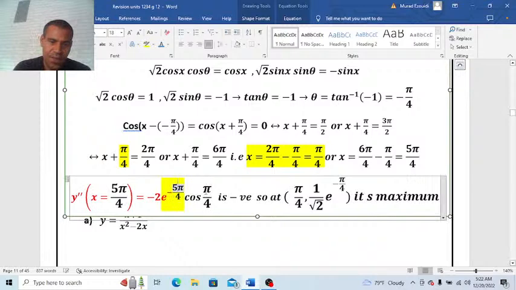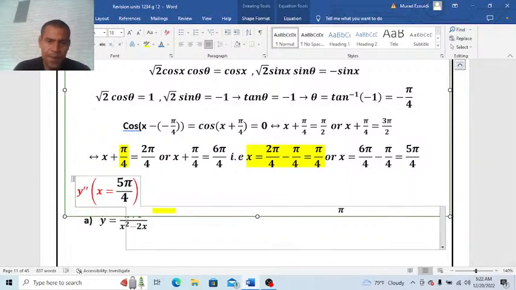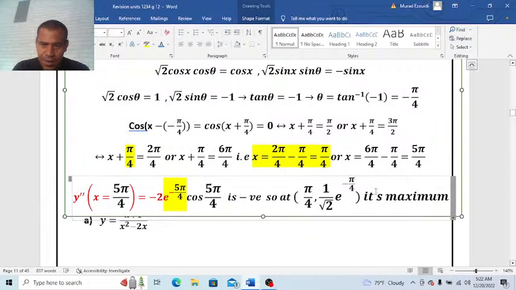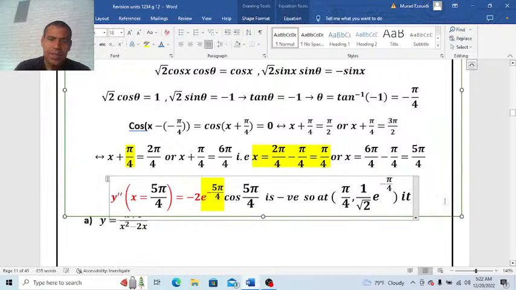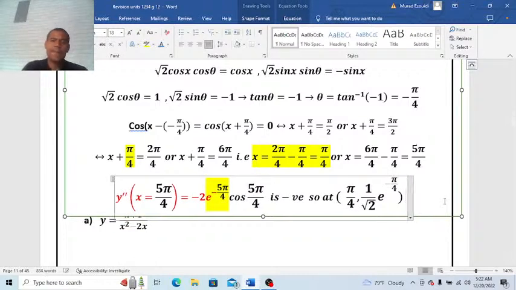it will be 5 pi, and this is cosine of 5 pi. Now my learners, we told that cosine 5 pi over 4 is cosine 5 pi over 4.